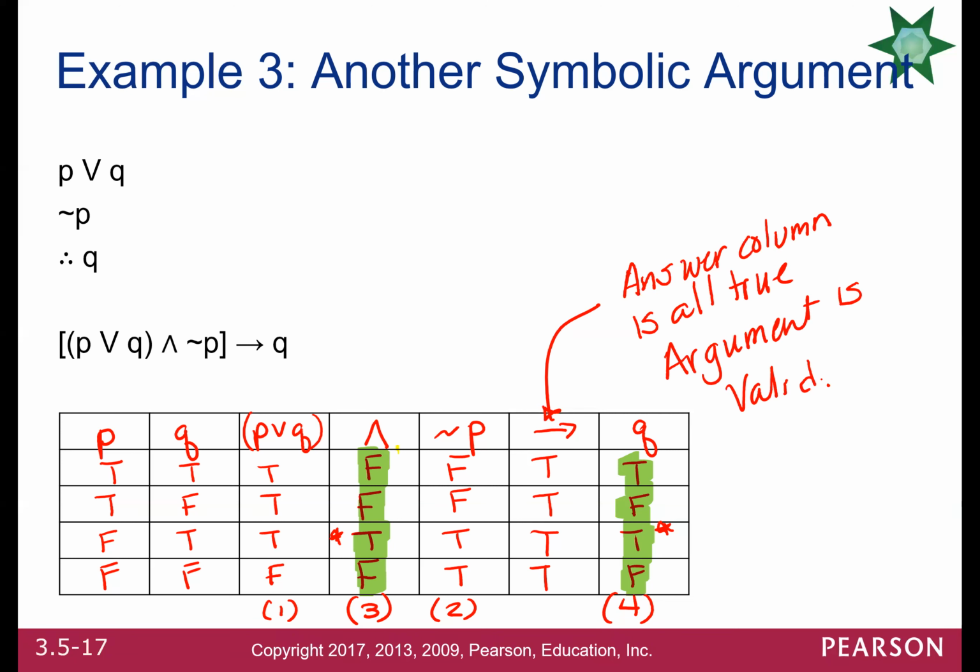All right, so this leads us to a couple of laws of valid arguments. So we have four forms of a valid argument. And this actually is the law of syllogism, if you're interested.